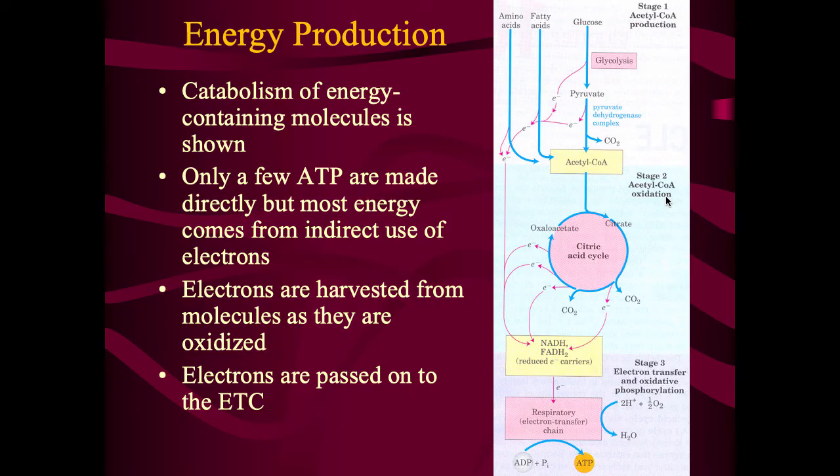All right, energy production. We saw this one before, and we said most energy from our food and basically our fuel sources comes from the electrons. It's about oxidizing those molecules. The reason is that the electrons are used by ETC, and ETC is phenomenally effective at making ATP.